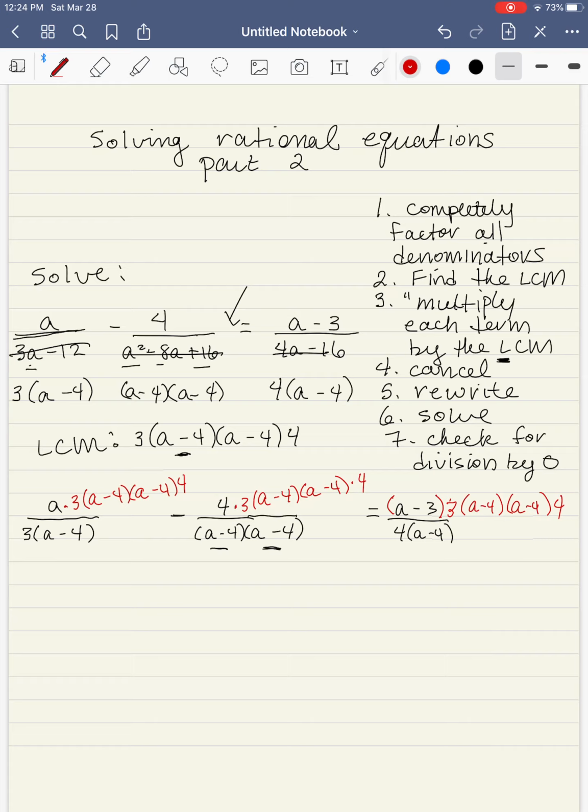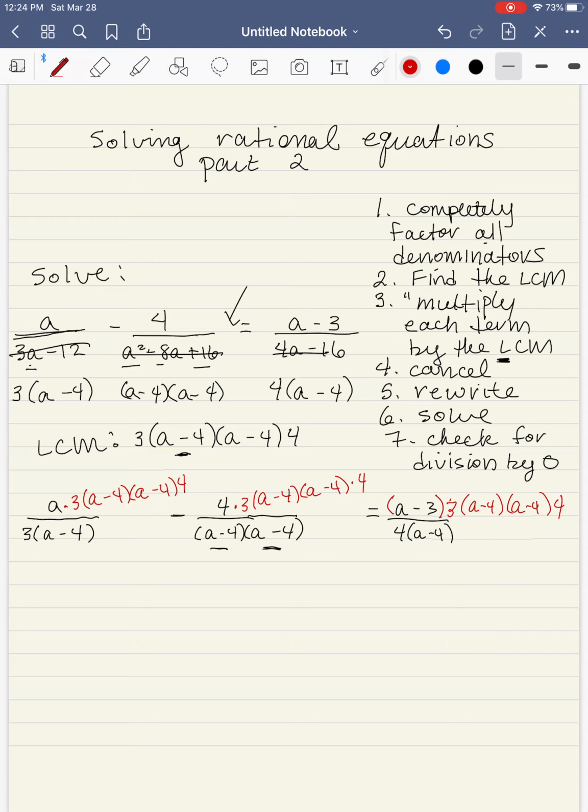Okay, now our next step, step 4, is to cancel any like terms in the numerator and the denominator. On a problem like this, where you have a lot of terms, a lot of factors in the LCM, we have 4 different ones, I really find it helpful to actually write it separately with each separate term.